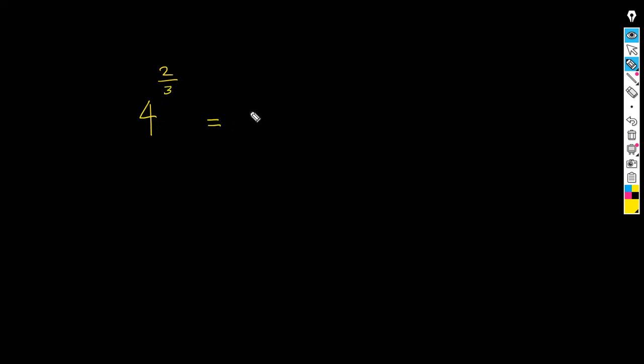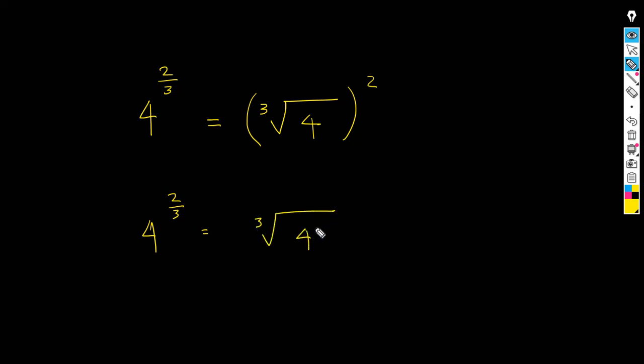You can interpret this as the cubic root of 4 to the 2, or as the cubic root of 4, squared. As you can see, the only thing that changes is the placing of this exponent.